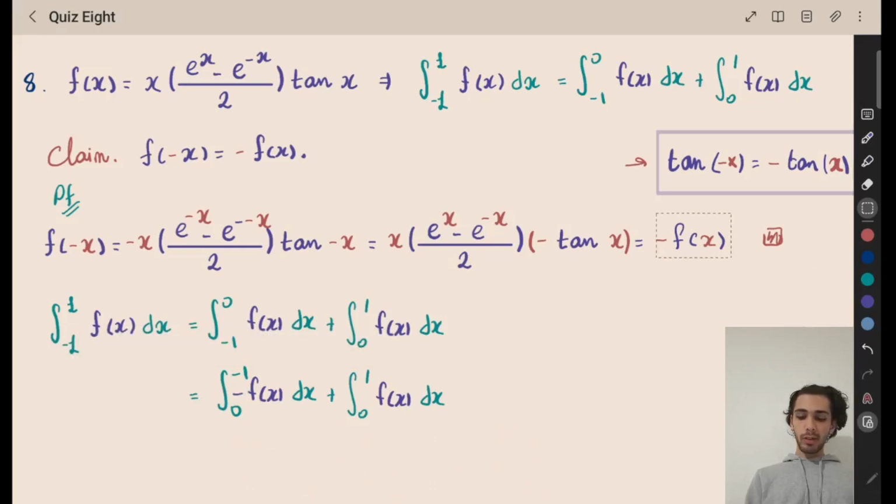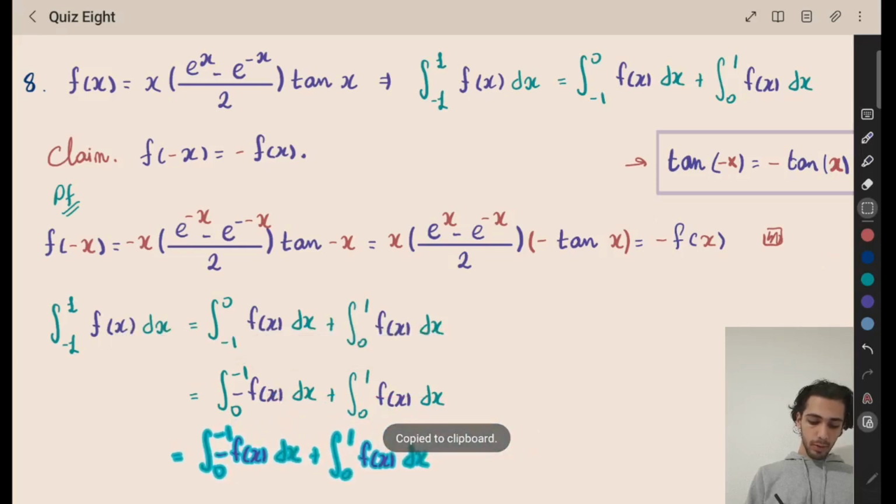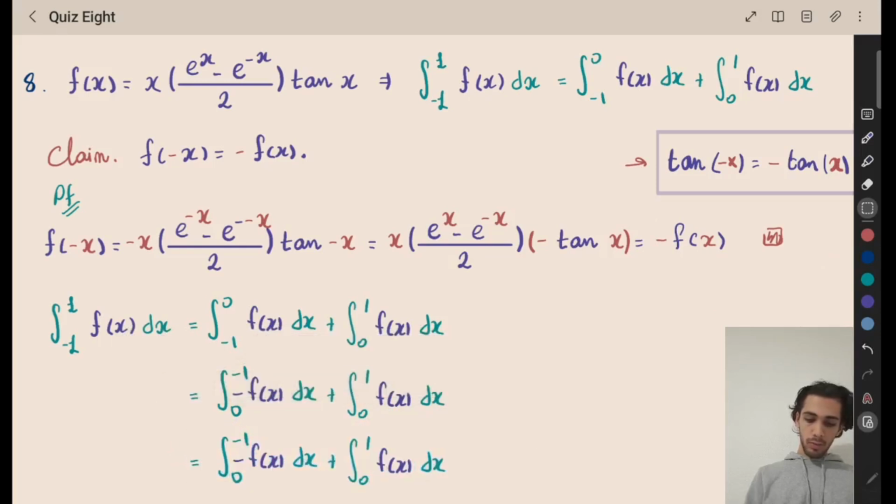And minus of f of x is equal to f of minus x. So minus of f of x is equal to f of minus x. Maybe I'll call this claim, I'll give it a star, and here I use my star.